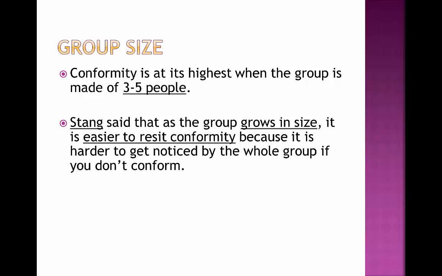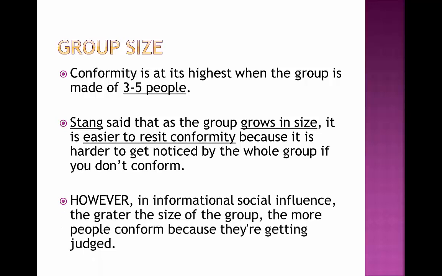If you're in a group of 3 and you decide to leave, that's 2 of the people, 66% of that group, noticing that you're leaving, and as a result, because of informational social influence, you're not actually going to want to leave because you fear that you're going to get judged. However, in informational social influence, the greater the size of the group, the more people conform because they're getting judged.